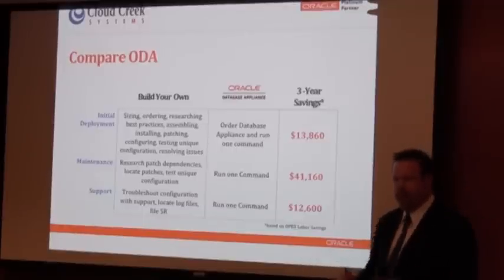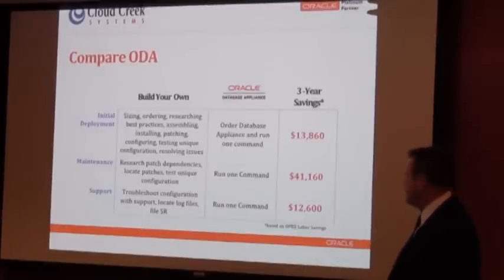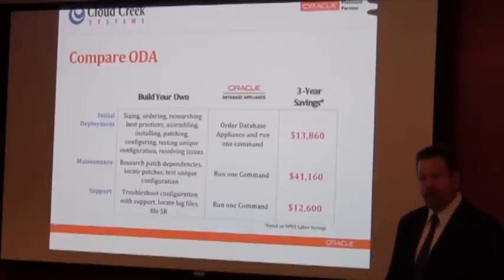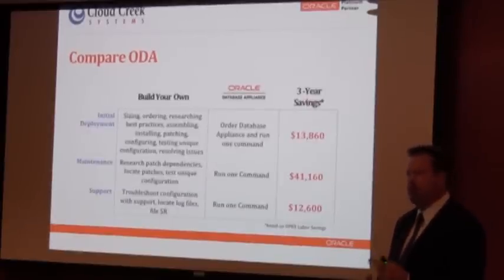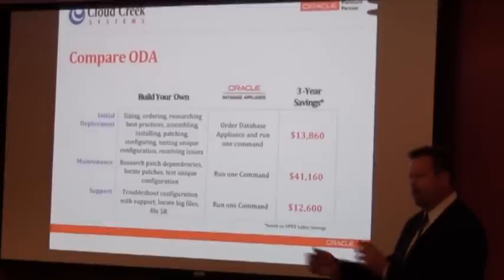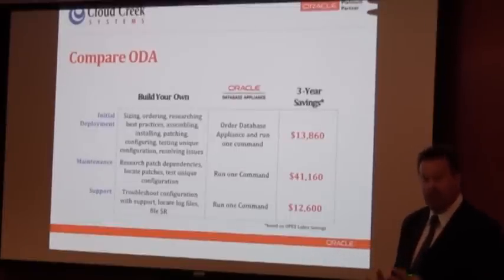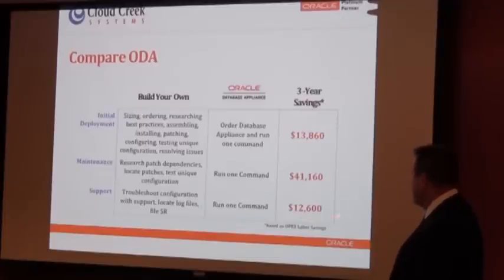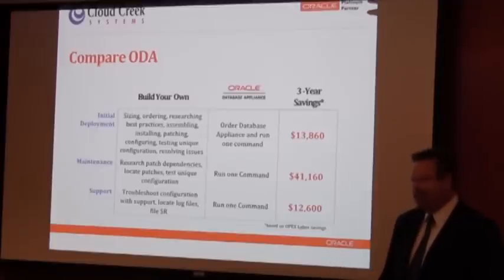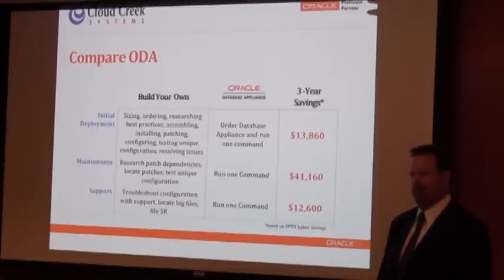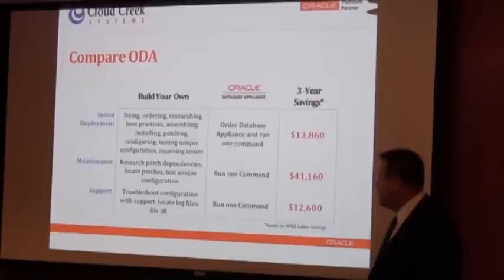No, the application manager takes care of that for you. Yes, you do have to patch it occasionally, you have to go through that process, but the amount of time that you have to spend researching these various vendors that you may buy this equipment from is going to be completely different. So I think these numbers, totaling about 75 grand, are pretty conservative in just labor savings. I think it's a much higher number.